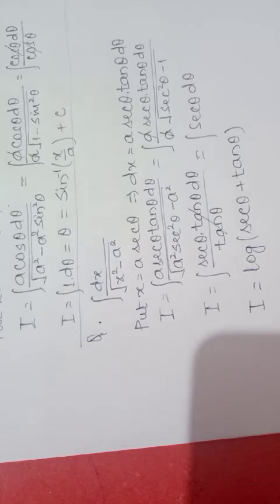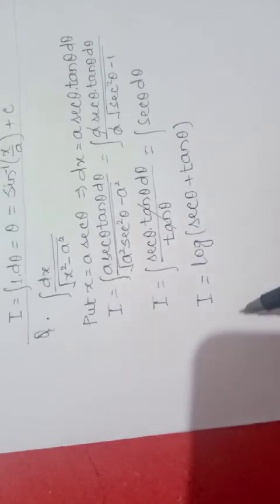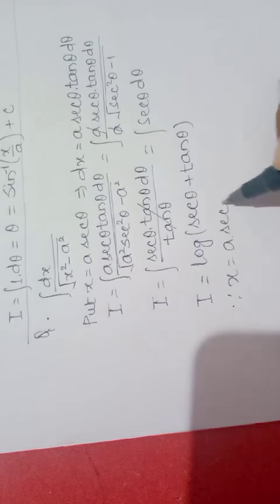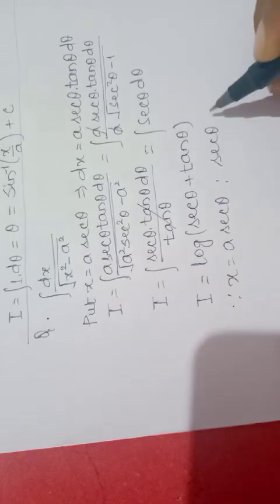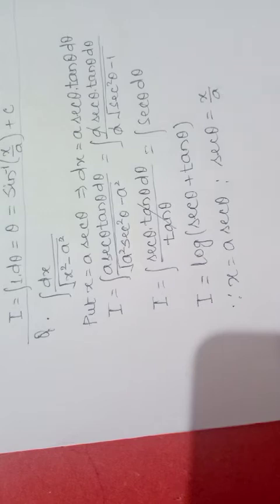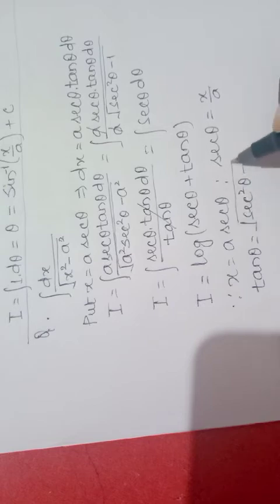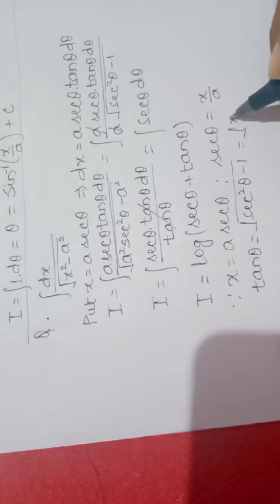Now calculate the value of sec theta as well as tan theta. We have considered x is equal to a sec theta. Then of course sec theta is x by a. Sec theta is x by a, and tan theta should be written as under root sec square theta minus 1, means under root x square by a square minus 1.